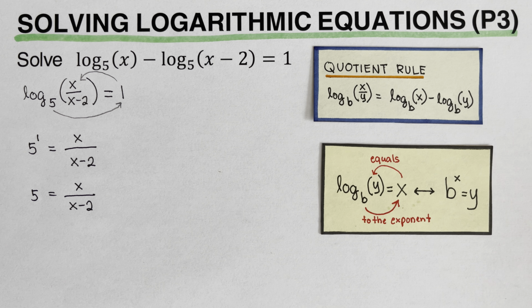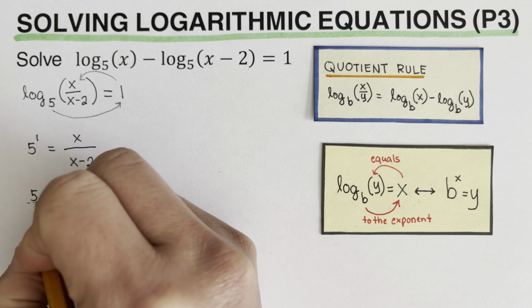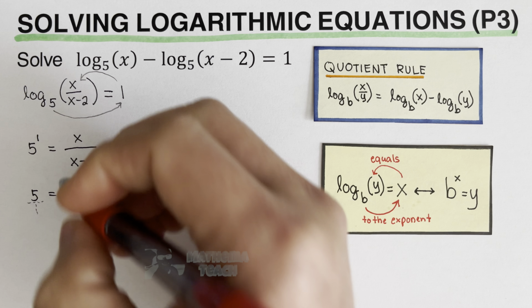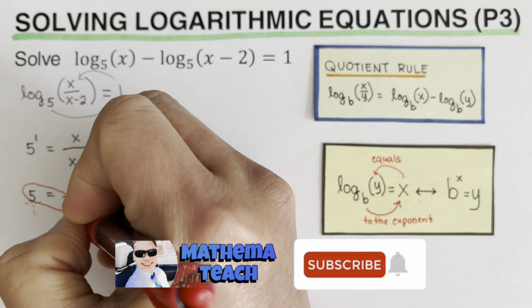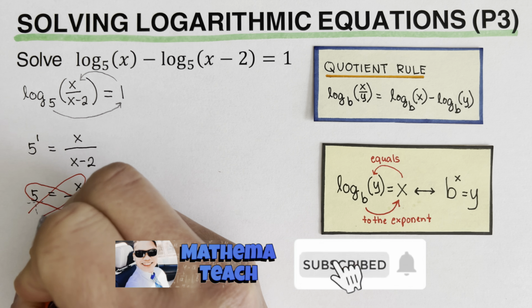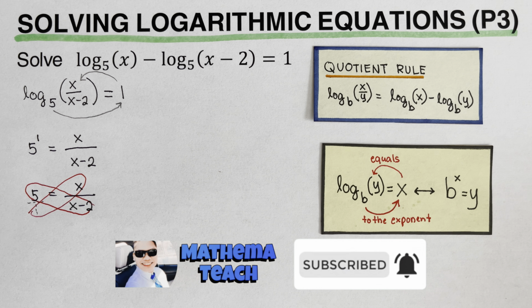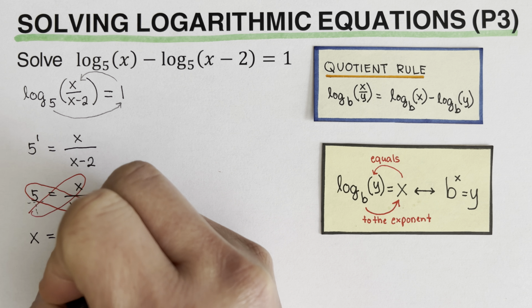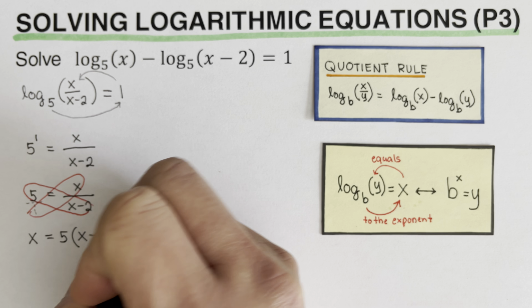We remember that the 5 here has an invisible denominator of 1, so we can cross multiply these two and then these two right here. So we can say 1 times x is just x, and that is equal to 5 times x minus 2.